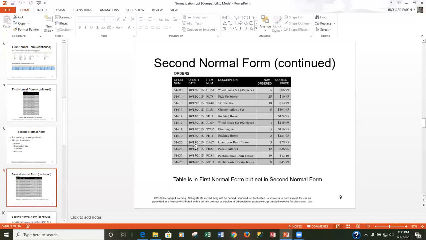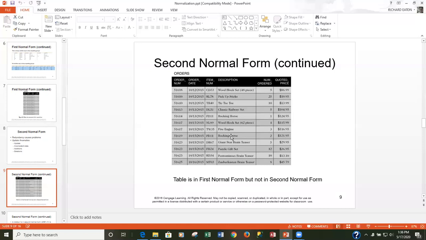That's redundant data. Another thing that we see here, in this particular order, 51614 is a rocking horse. And on a different order down here, 51619 also is a rocking horse. But we have redundant data there, and that really presents some problems.